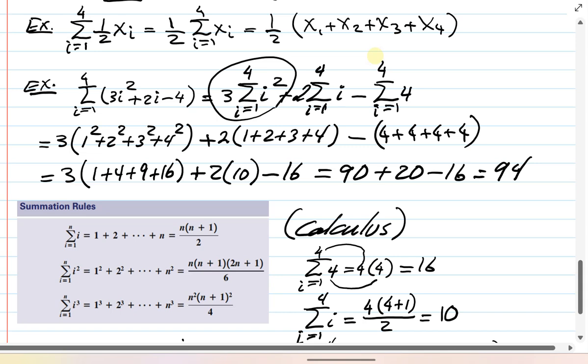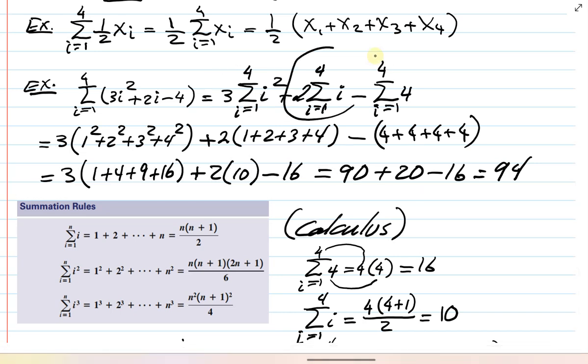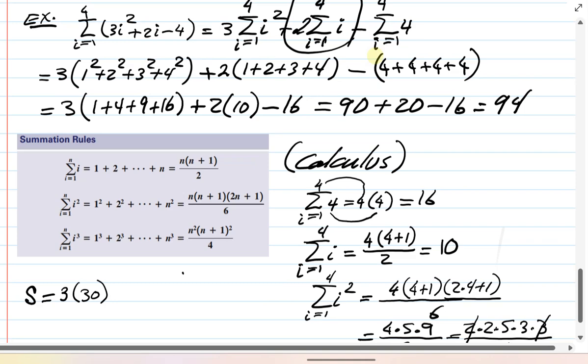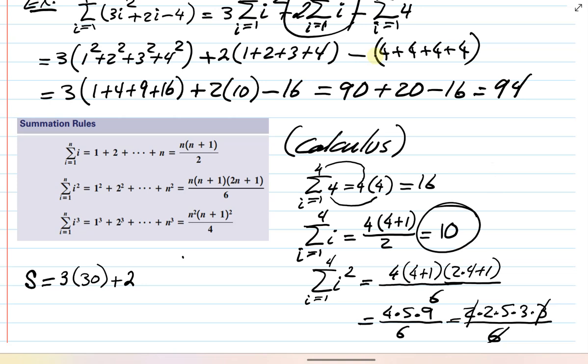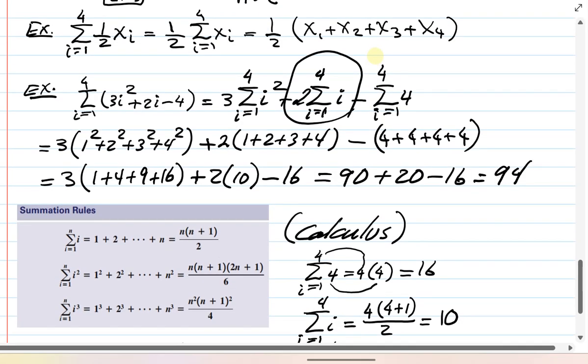Now, what's next to that? Next to that is 2 sigma i. And it's going to be plus 2 and sigma i. Sigma i is 10 right in here. That's 2 times 10. And what else? Finally, we have negative sigma of 4 from 1 to 4.